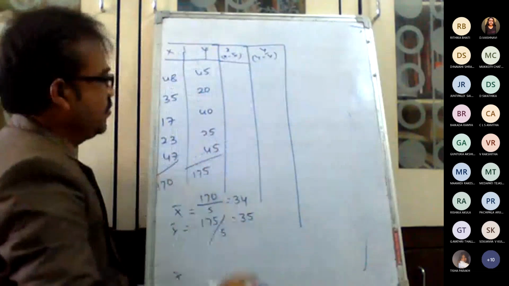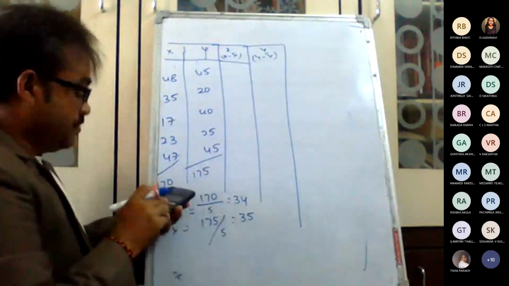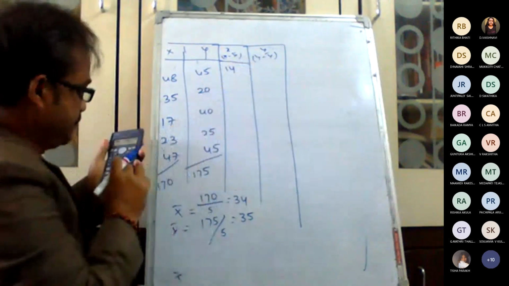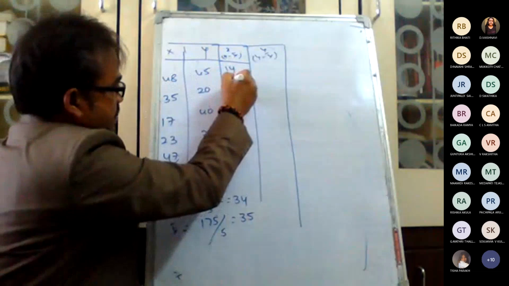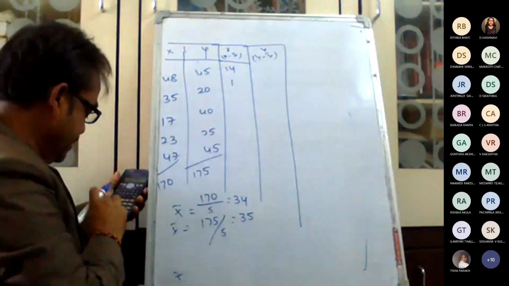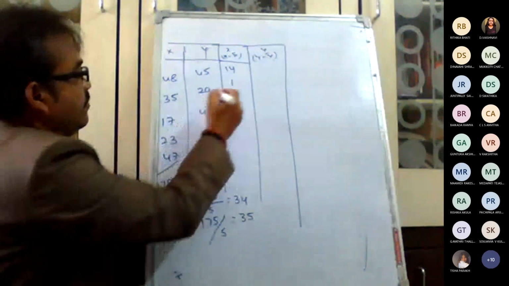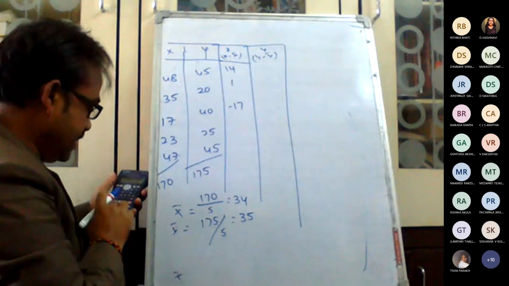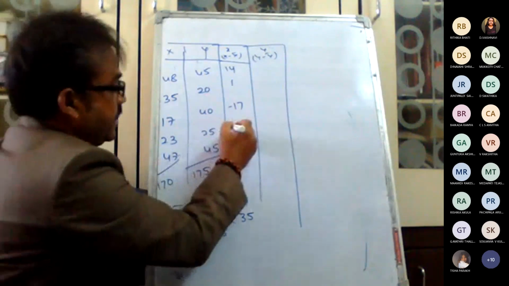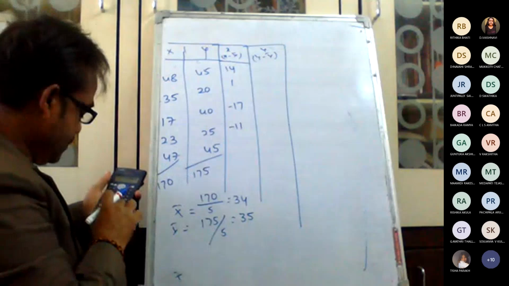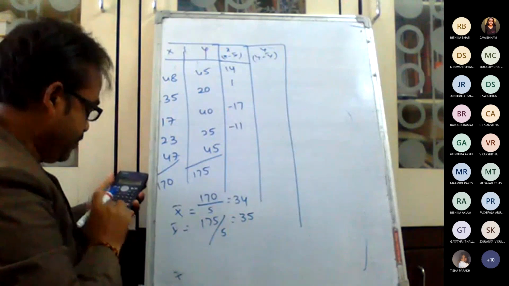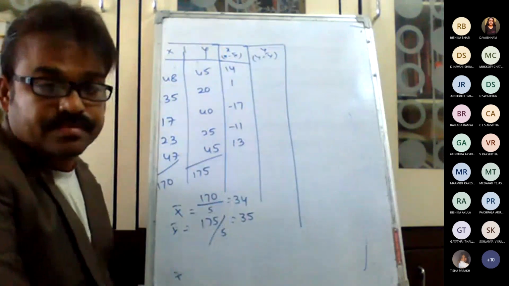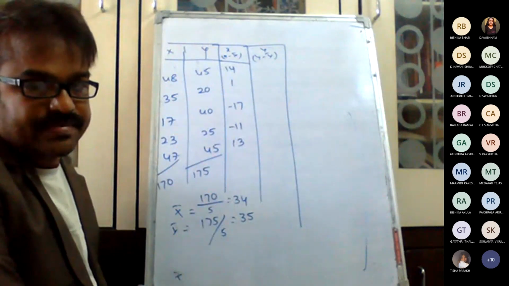Now x minus x bar. 48 minus 34 is 14. 35 minus 34 is 1. 17 minus 34 is minus 17. 23 minus 34 is minus 11. 47 minus 34 is 13. Clear?